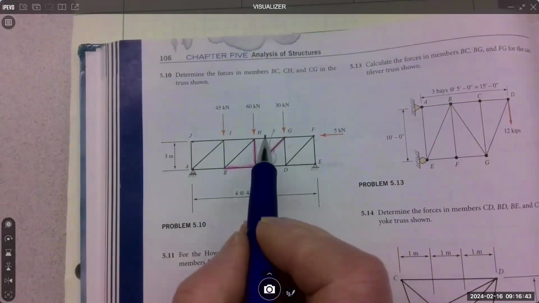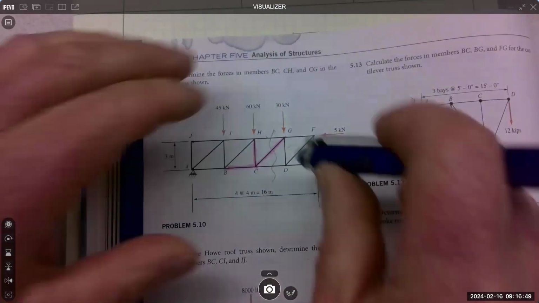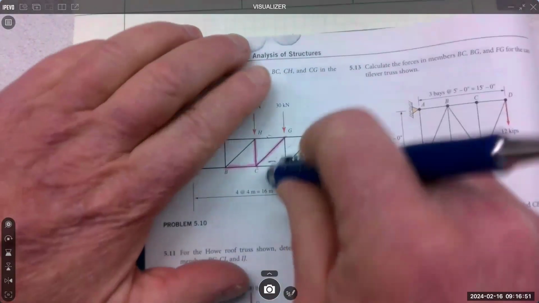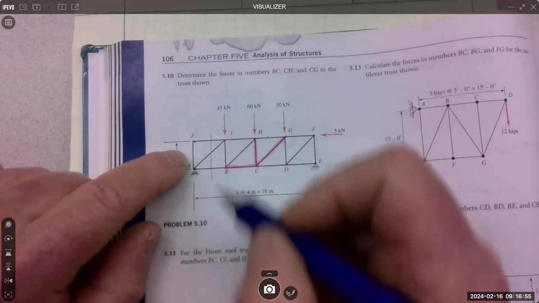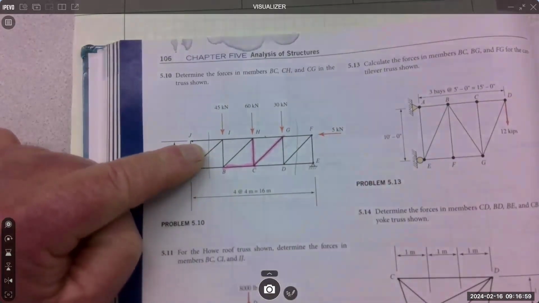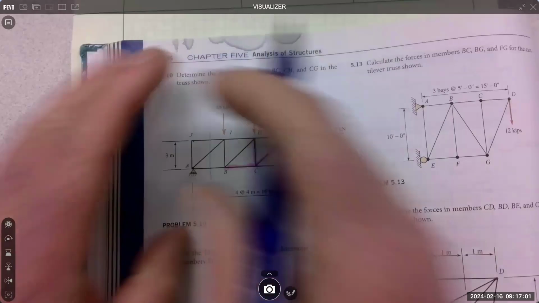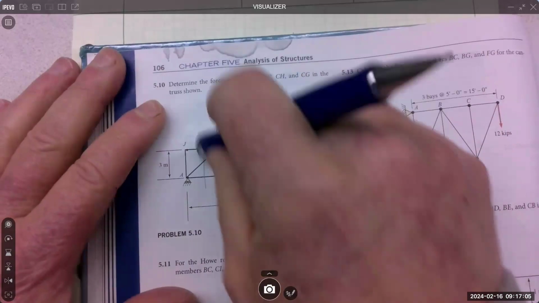You'll already know that one because you'll have solved it in your first cut, right? So it just takes two different cuts, and you do your cuts one at a time. If I wanted to know this member, I might cut here, and if I wanted to know this member, I'd cut again over there. Put this side back together, cut over here. So it takes two cuts on this problem.